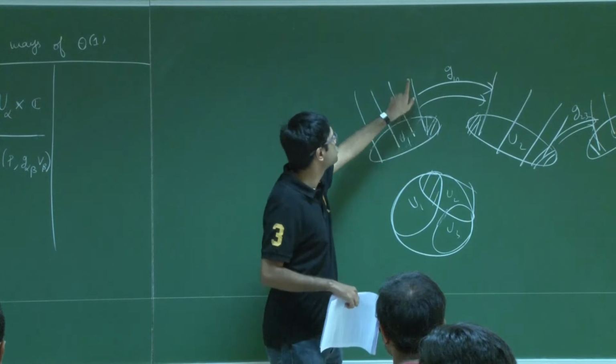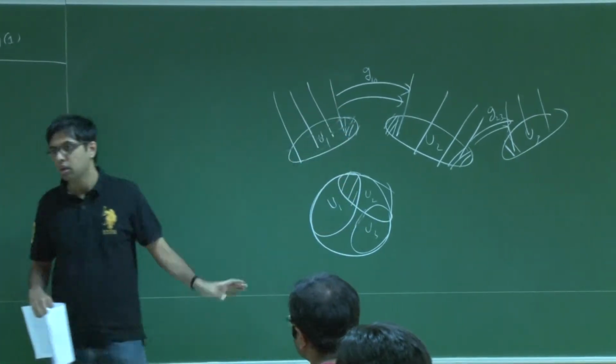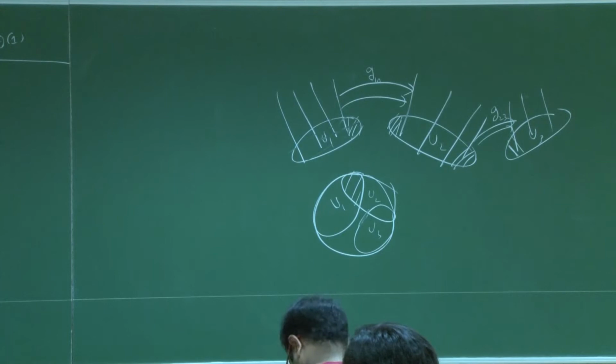You can divide it into small coordinate open sets, and you have coordinates here and coordinates here. That's roughly the idea. It's not very hard. Just have to be a little nitpicky, that's all. Okay? In general, you can define the line bundles this way by means of these transition functions, and they, of course, satisfy these two very important properties.